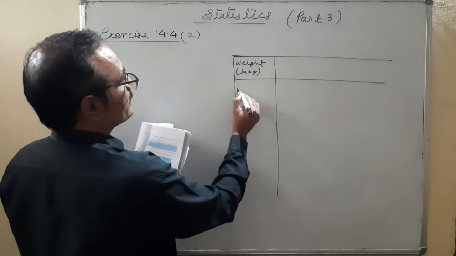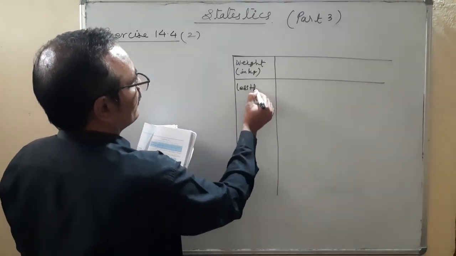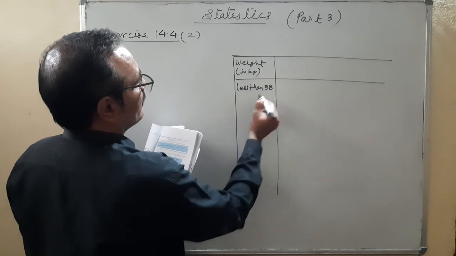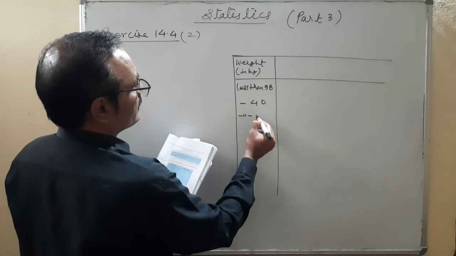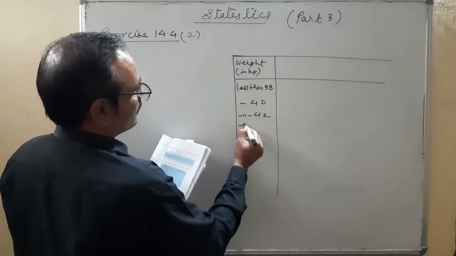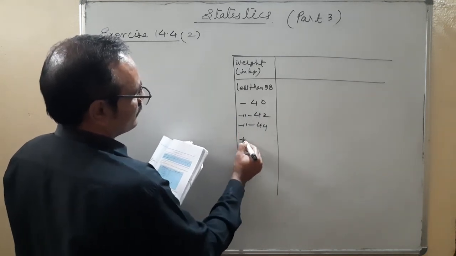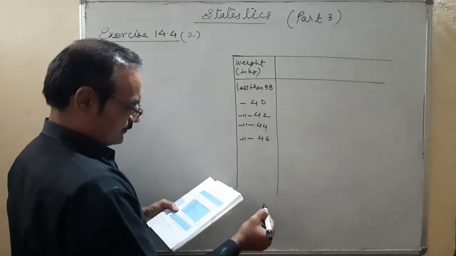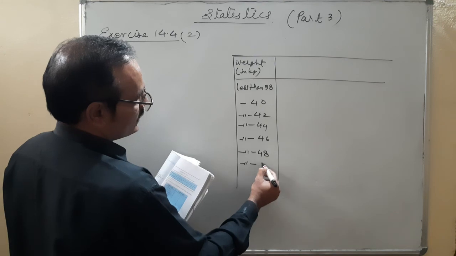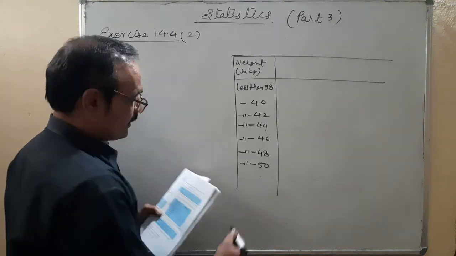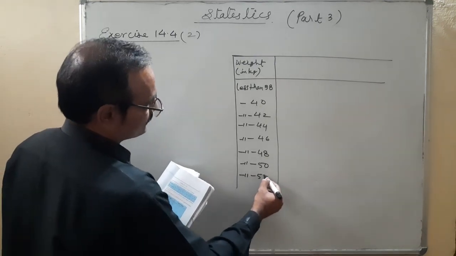It is less than 38, less than 40, less than 42, less than 44, less than 46, less than 48, less than 50, and less than 52.